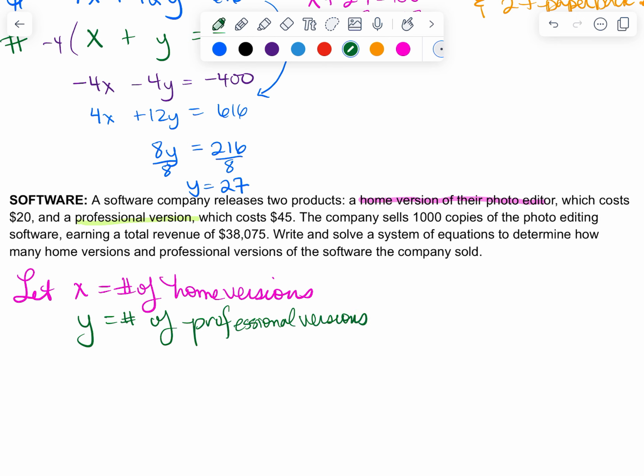So now we have the money amount and we have the number of. How much does a home version cost? $20. How much does a professional cost? $45. What is their total amount of money? $38,075. Now, do we know how many home versions? No, we just put x. Do we know how many professional? No, but we know together that they have 1,000 copies.